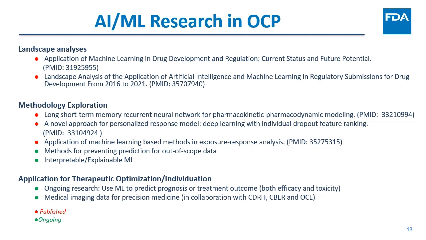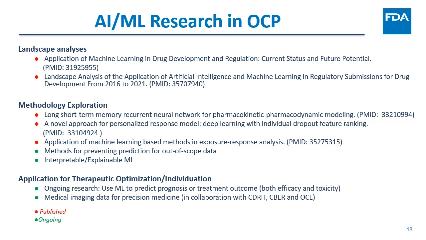In OCP, our research projects target different directions. We conduct a landscape analysis to fully understand the current status on AI and machine learning related submissions at the FDA. We also explore novel methodologies that can be applied to improve our understanding of heterogeneity of patients and enhance precision medicine, or to improve new drug development.